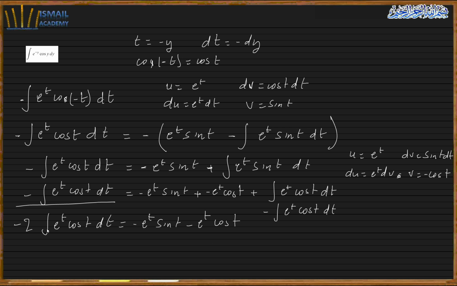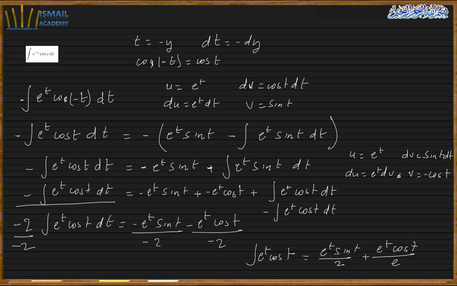Now, I'm not looking for twice the integral, I'm looking only for the integral itself. Divide by minus 2 on both sides, then I will have my answer right away. So the integral of e to the t cosine of t will be equal to e to the t sine of t over 2 plus e to the t cosine of t over 2 plus c, and this will be your answer.